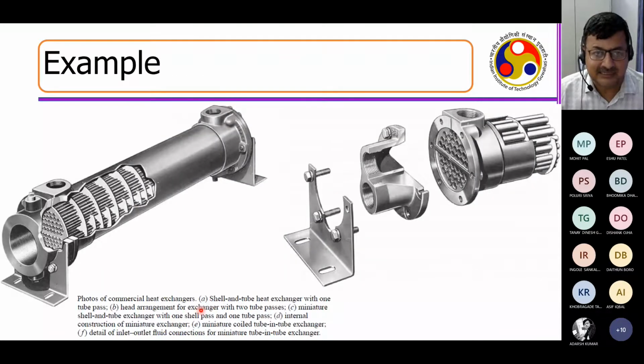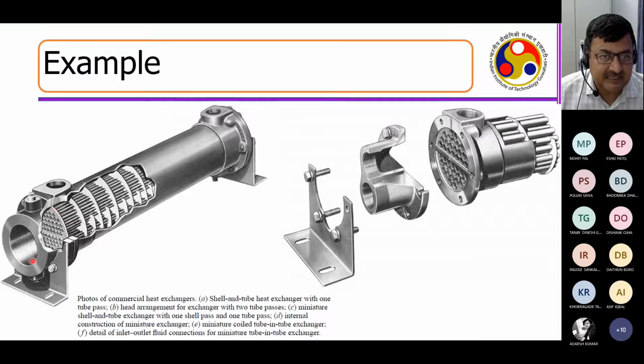I'll just give you one example. Ideally, they look like this. This is the steel joint in which you thread these tubes, and through this is the inlet through which the cold fluid goes in and comes out, and then this is separated.